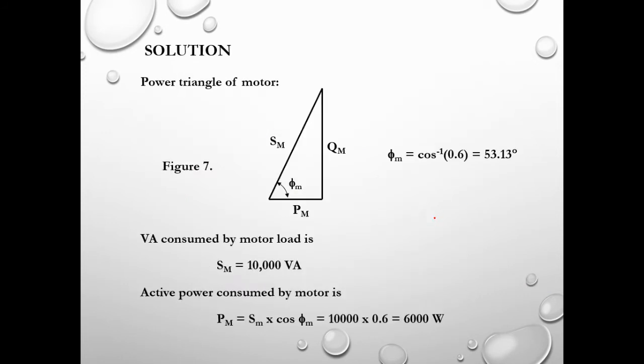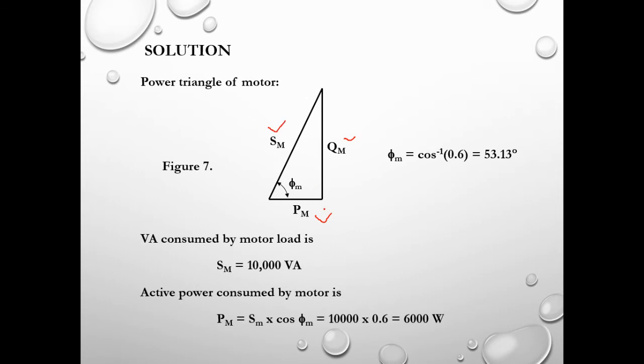So, the solution. A power triangle may help in order to solve this. We have P, Q as well as S: the active power, the reactive power, and the apparent power.